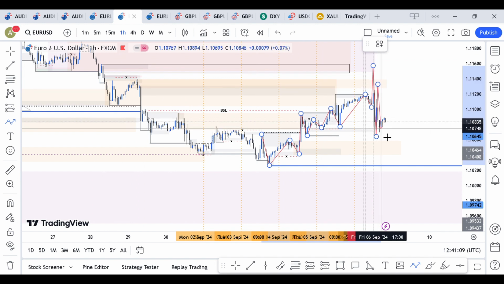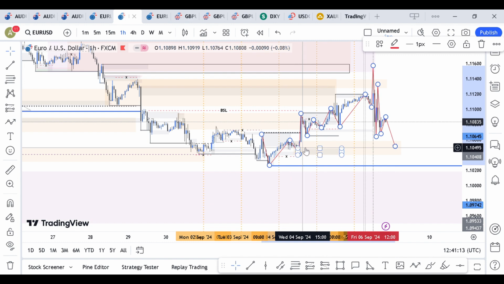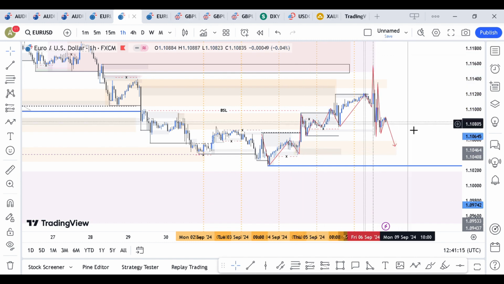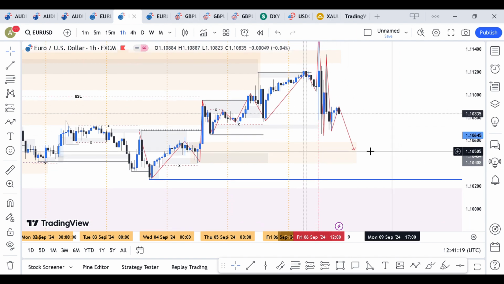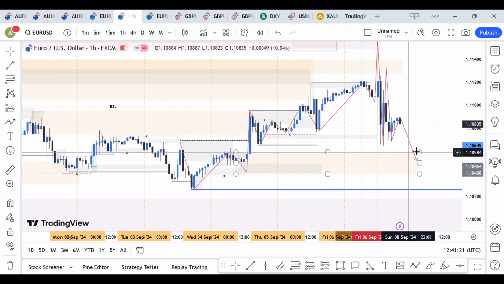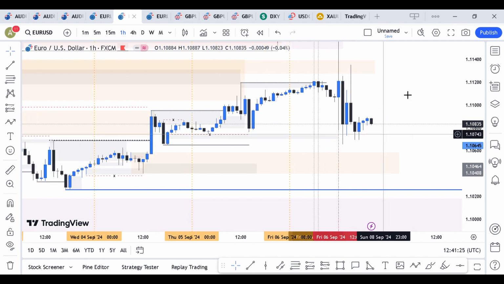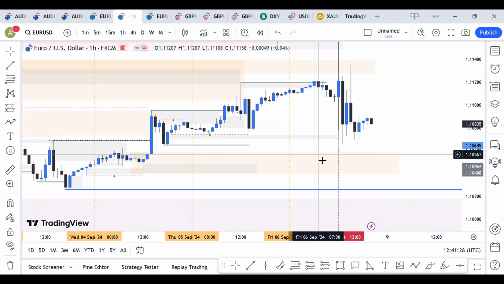So price came up again. Now it looks like it wants to come down, especially to this flip zone, the 4 hour flip zone. So if I could get this one out, this is our viewing price.